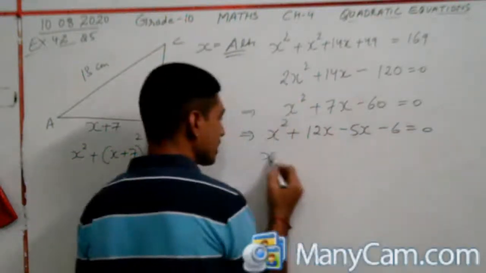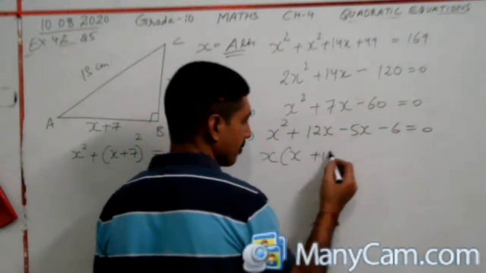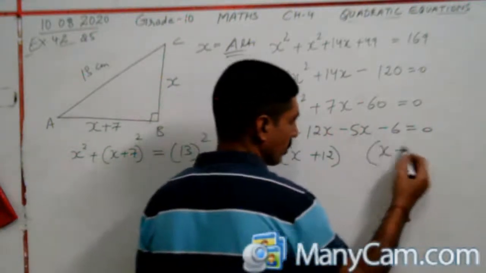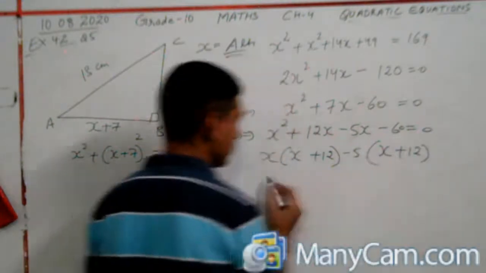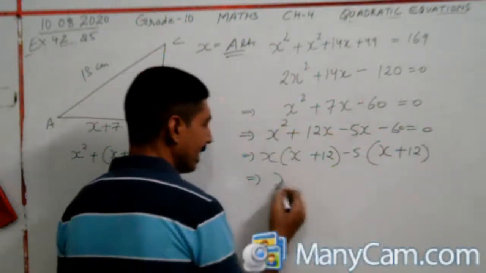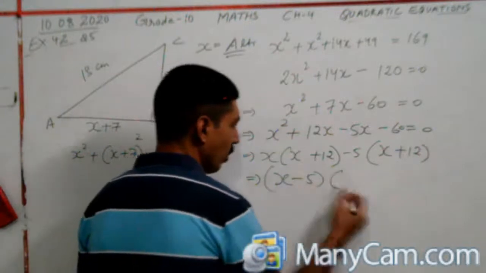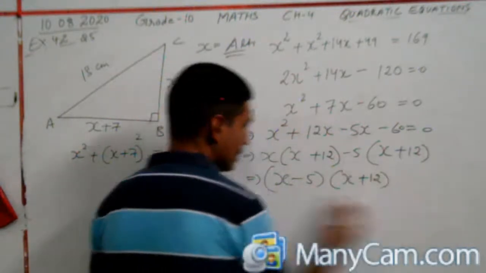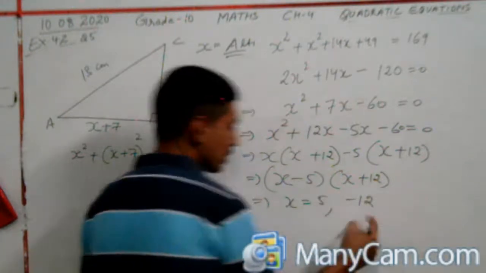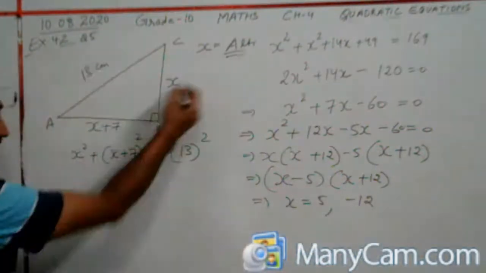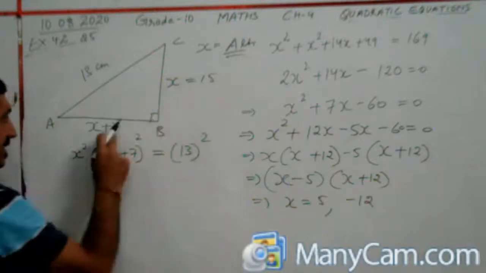So what is x? It is 60 here. This implies that either x minus 5 or x plus 12, so x is equal to 5 or x is minus 12. So here in this case x is 5 and this is 12.